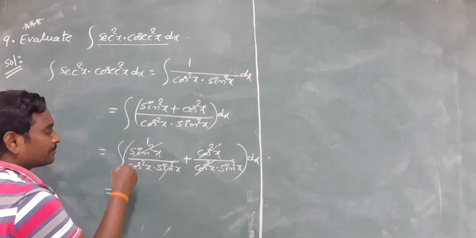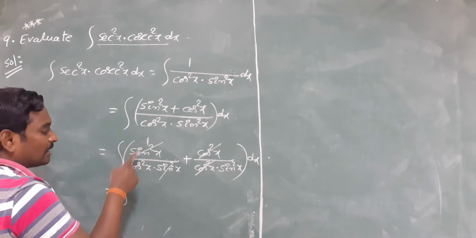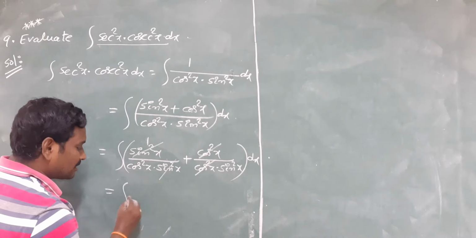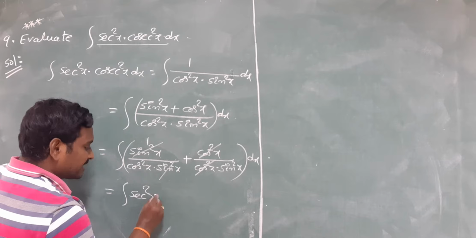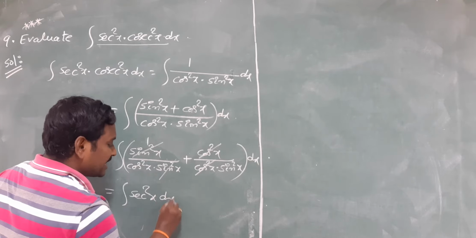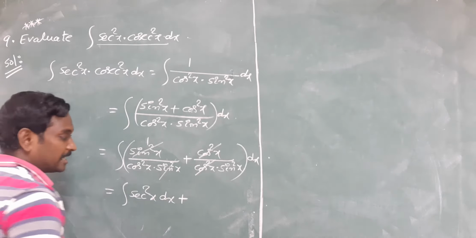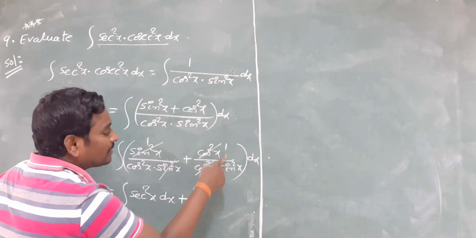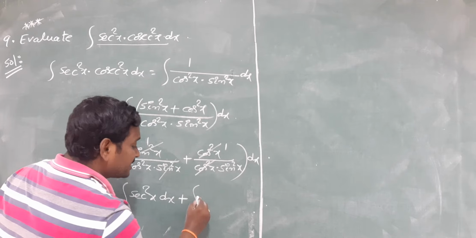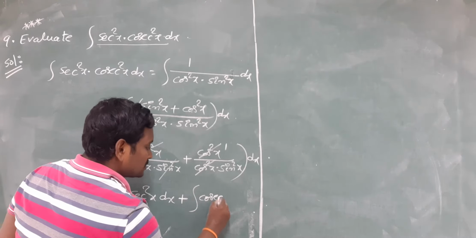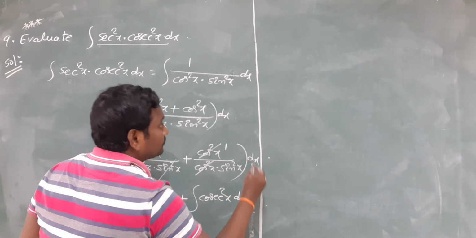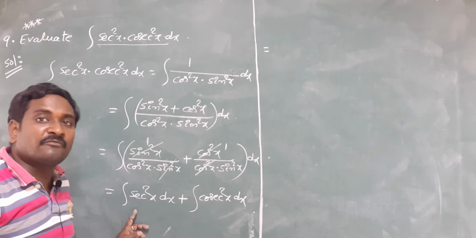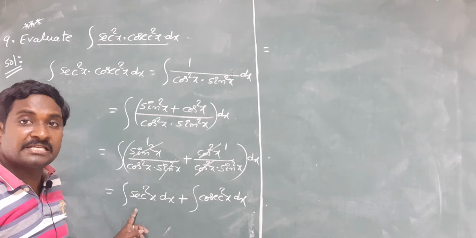So what are the remaining parts? In the first term 1 by cos square x, which is secant square x, into dx. Directly separate the terms, plus integral 1 by sin square x, which is cosecant square x dx. That is equal to, already we have the direct formula for integral secant square x, which is tan x.